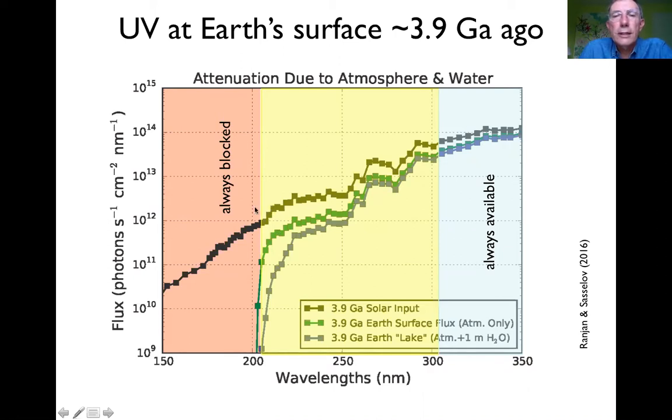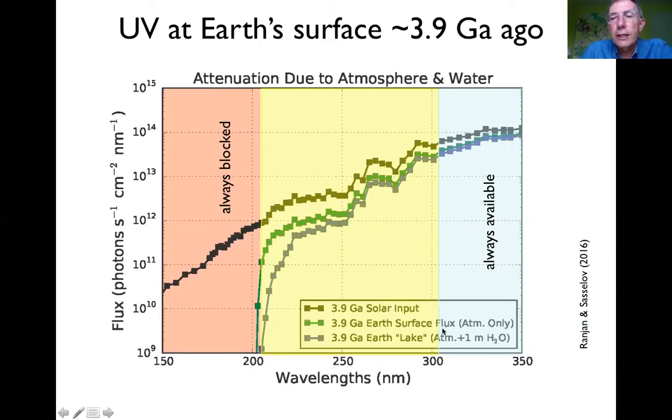So this harsher, higher energy UV light, which is below 200 nanometers, is always blocked, which by the way is a good thing, because that's when you start producing OH minus radicals from photolysis of the water itself. And those radicals really destroy most of the organic chemistry that we call prebiotic chemistry.